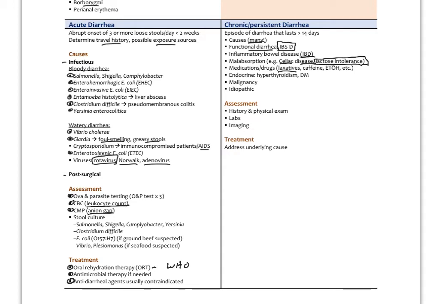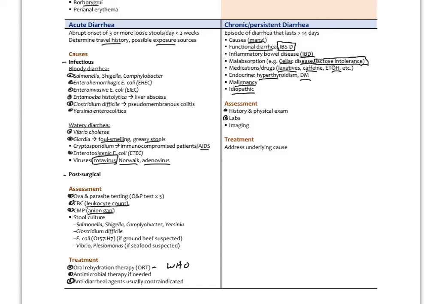Lots of medications, laxatives, caffeine, alcohol. Hyperthyroidism and type 2 diabetes can cause chronic constipation. And then cancers, and then a lot of cases are just idiopathic. We're not sure why a person has this from a biomedical angle. Assessment would be, again, standard history, physical exam, abdominal exam, the appropriate labs, especially to see if there's any infection, but looking at the CMP for electrolyte problems.